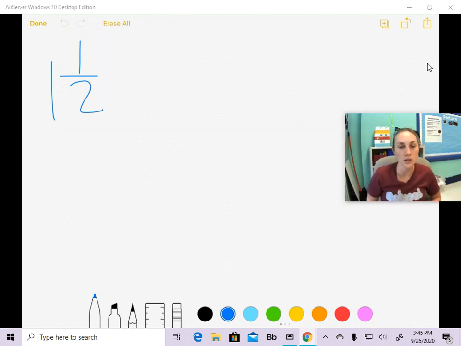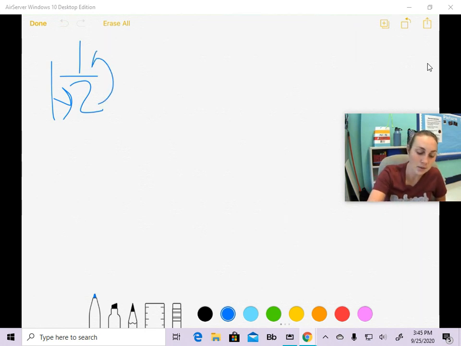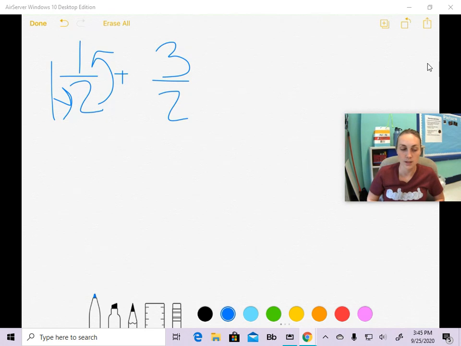Let's turn this into a decimal. So what I recommend first is changing this mixed number into an improper fraction. To do that, we're going to multiply this 1 by the denominator. 1 times 2 is going to be 2. We're going to add that number to the numerator. So 2 plus 1 is going to be 3. We keep the same denominator, so there's our fraction.